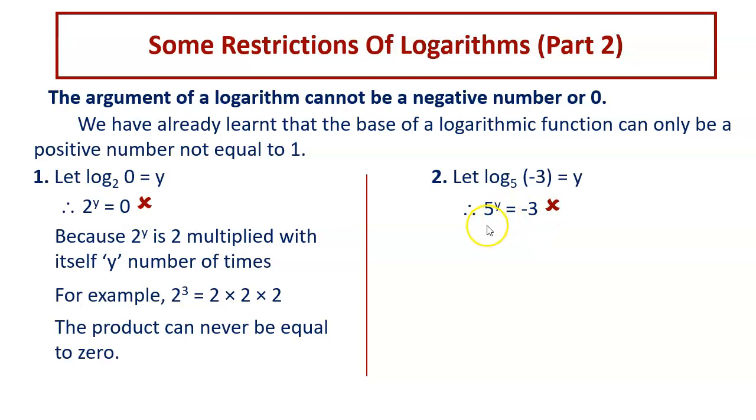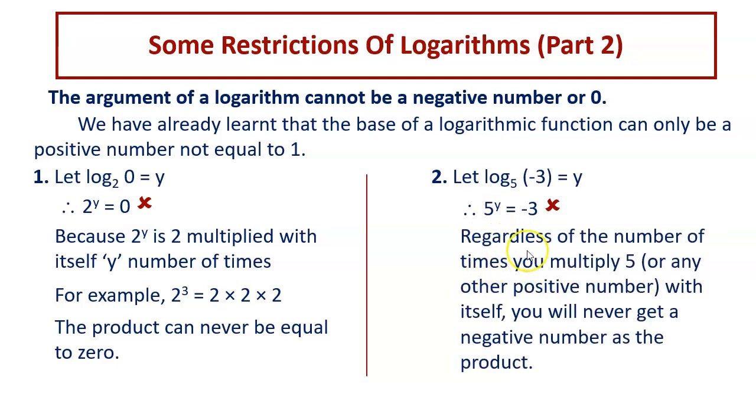The 5 gets multiplied with itself y number of times. 5 is a positive number, so no matter what the value of y is, regardless of the number of times you multiply 5 or any other positive number with itself, you will never get a negative number as the product.